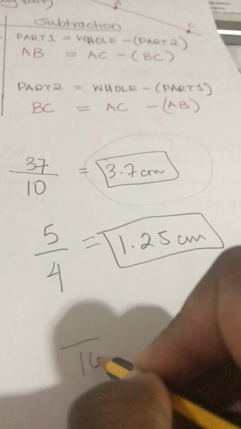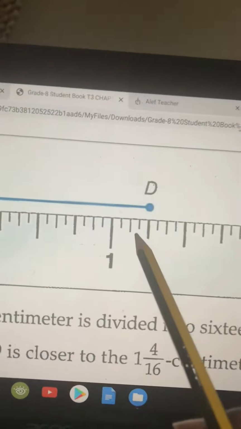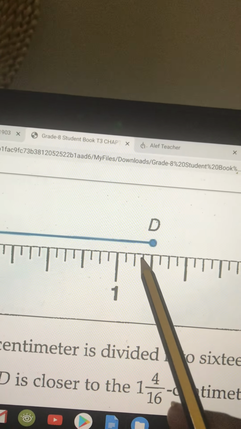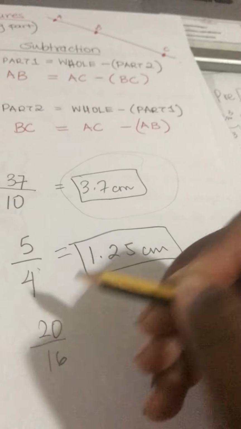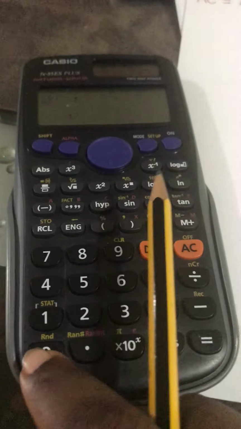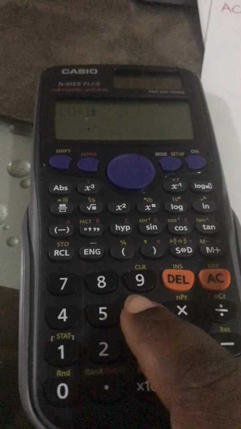So between 0 and 1, there are 16 spaces. Then 17, 18, 19, 20, so 20 over 16. My answer should be more than 1 because it passed the 1 mark. So let us do 20 divided by 16.